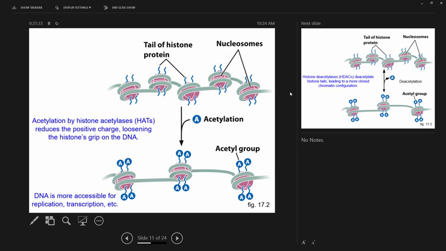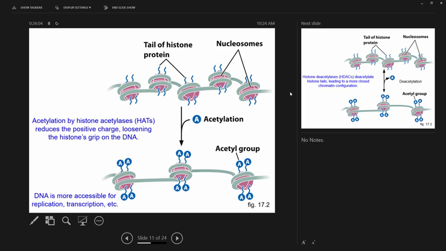So these negative charges counteract the positive charges, and this is what makes the histone tails, which should be shown up here as tightly gripping the DNA, go down to not be gripping the DNA and be a more loose interaction. So up here, the DNA would be tightly gripped and maybe not so accessible to proteins that are going to do transcription or replication. Down here, it's a more open area.